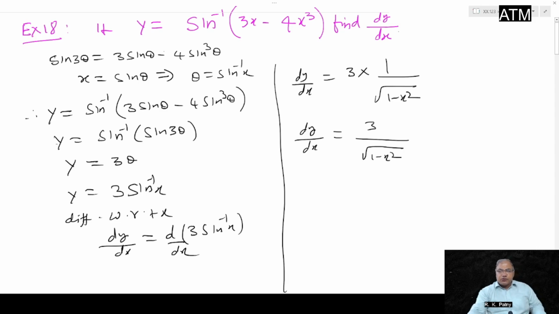So by substitution, by putting x equals sin theta, the problem becomes very simple. If you directly do that 3x minus 4x cube, it becomes at least 2 pages, and it becomes very lengthy. So whenever a problem based on trigonometry is given, think about whether it is suitable to some formula like sin 3 theta, sin 2 theta, tan 3 theta, etc. Then you put accordingly.